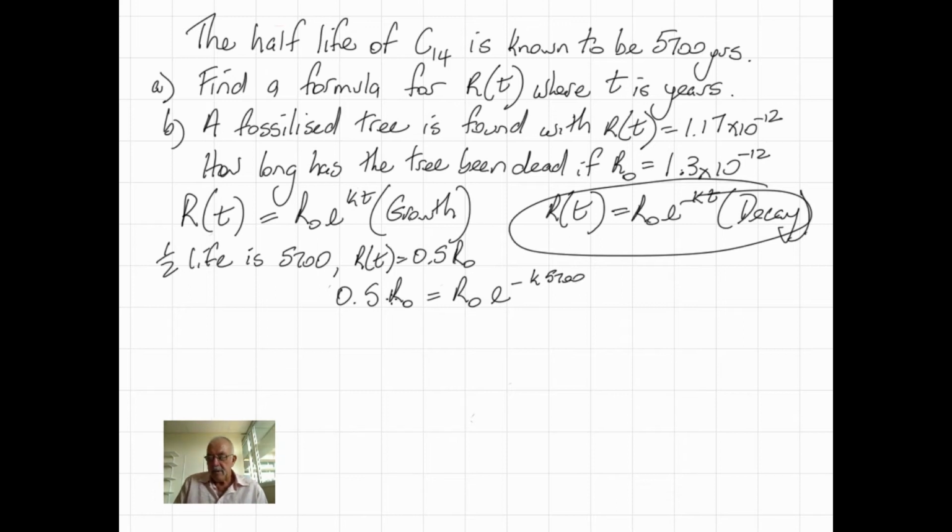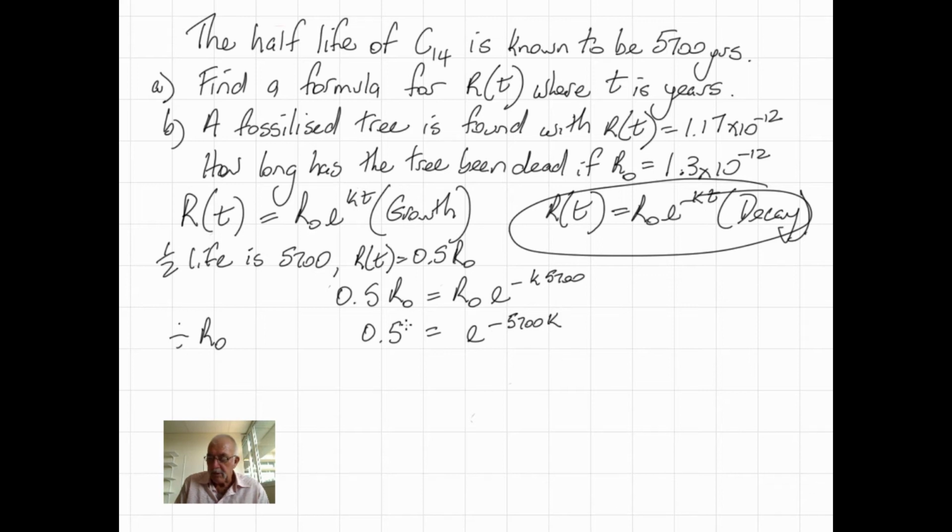Now we've got two unknowns, k and R0, but it's quite easy to divide both sides by R0, and that will cancel both of those out and you get 0.5 equals e to the minus, and we should put the number before the letter, so minus 5,700 k.